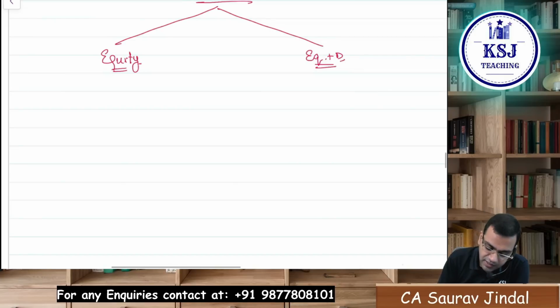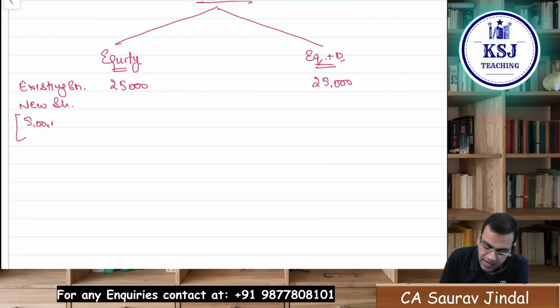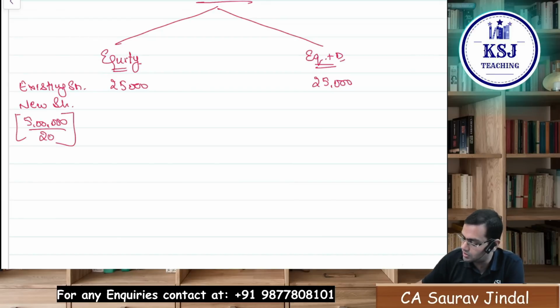Right? So in the equity option, what is the existing number of shares? Existing shares is 25,000 shares, and under the equity plus debt also 25,000 shares. Right? What will be the new number of shares? New shares you will issue for 5 lakh rupees. At what price? At 20 rupees per share given in the question, sir. 25,000 more shares you will issue.